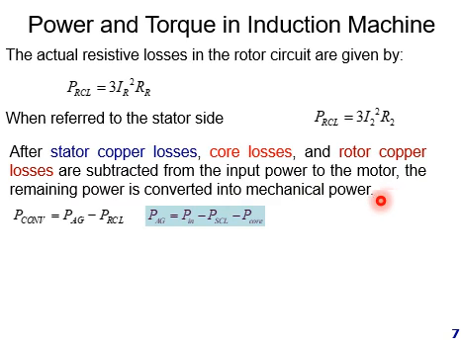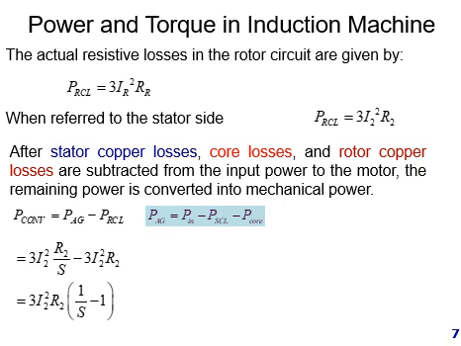The converted power is written as P conv. P conv is basically PAG, which we obtained on the last slide, minus PRCL. After deducting PRCL from PAG, we get the converted power.